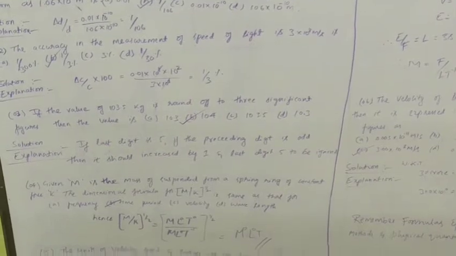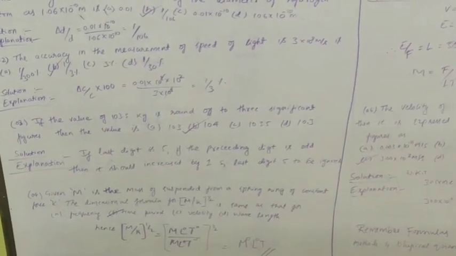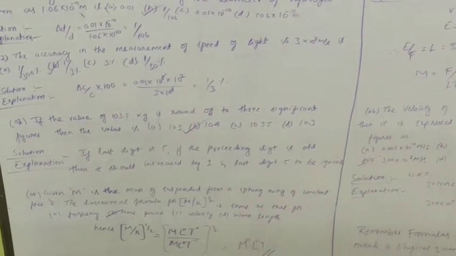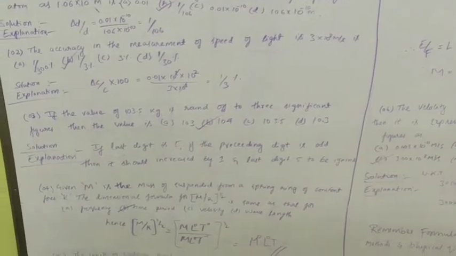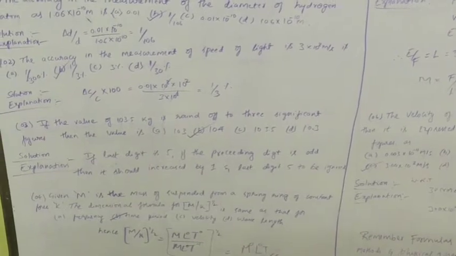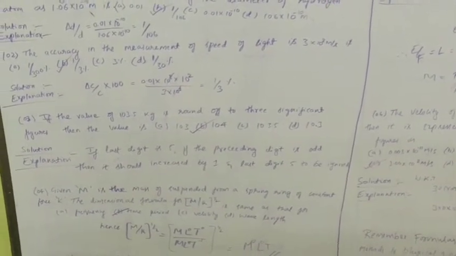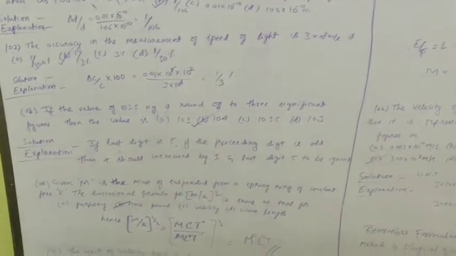If the preceding digit is odd, then it should be increased by 1. We need to increase by 1. We can't neglect 0.5. So what do we get? 104, because the preceding digit 3 is odd.